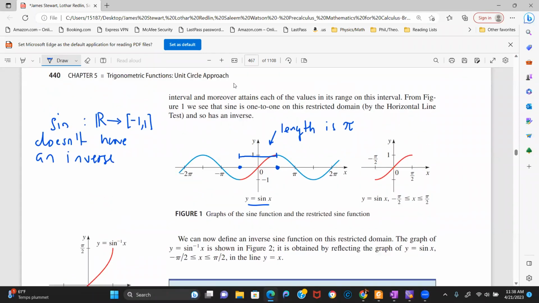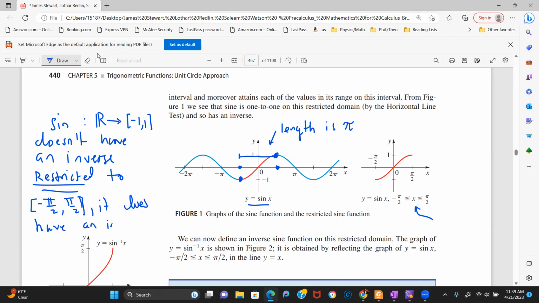If you just restrict your graph to this red portion, then it does have an inverse. You basically ignore everything going over here and over here, and then you do have an invertible function. So you restrict the domain to the interval negative pi over 2 to pi over 2, and it does have an inverse.